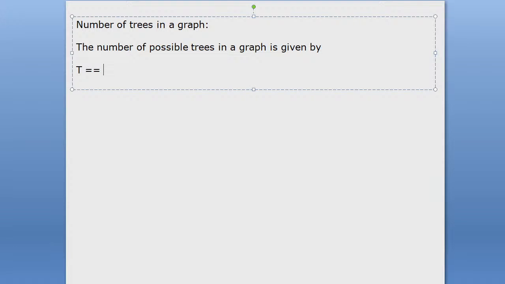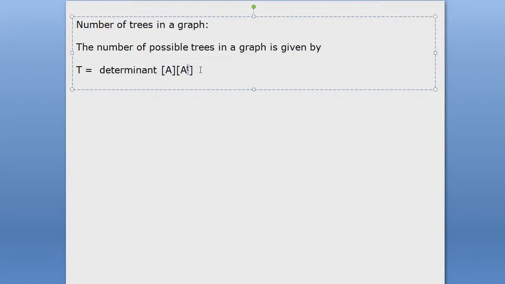Capital T is the number of trees. Capital T equal to determinant of A A transpose.